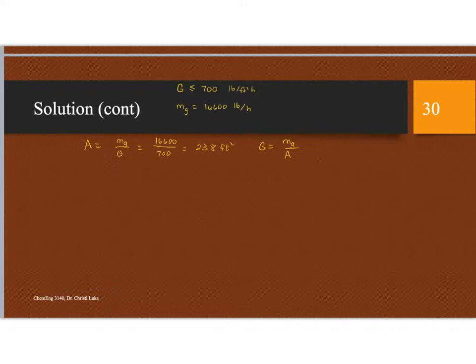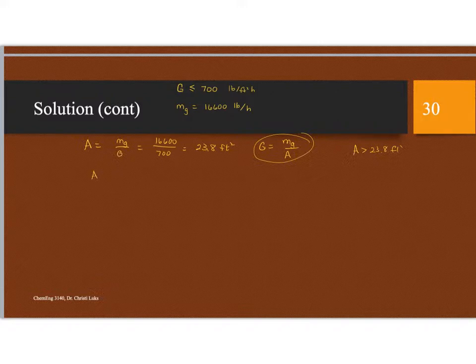As we increase A, if we look at this formula here, we're going to decrease G, so we can choose any value of A larger than 23.8 square foot. And perhaps we'd want 24, but let's go ahead and figure out what the dryer diameter is, because if we can choose standard sizes, usually that's going to mean our equipment will be less expensive.